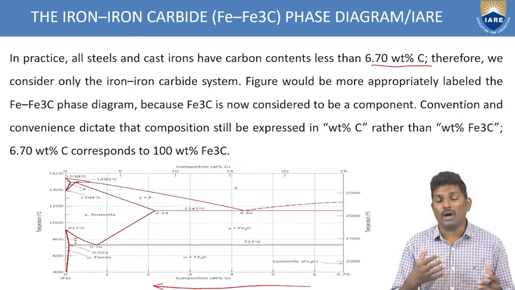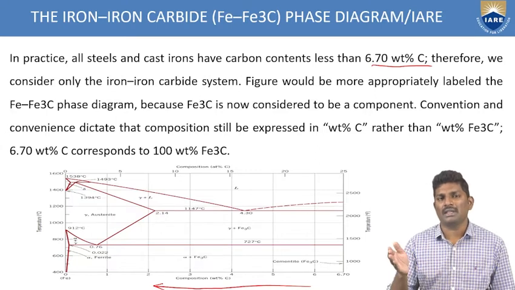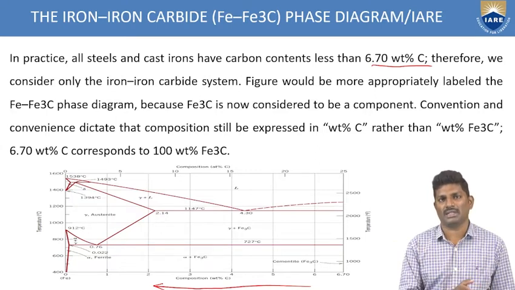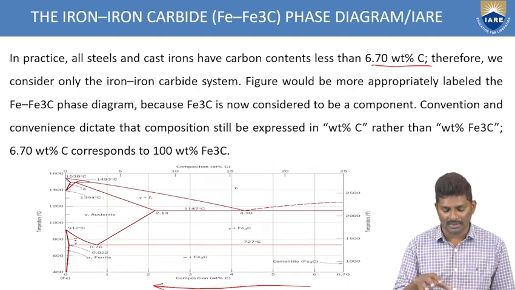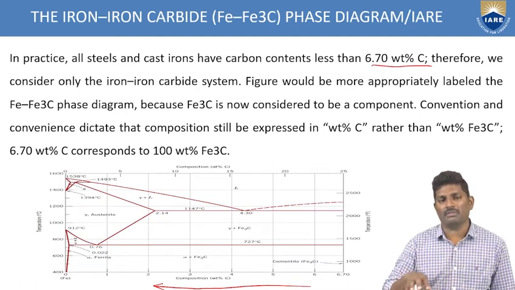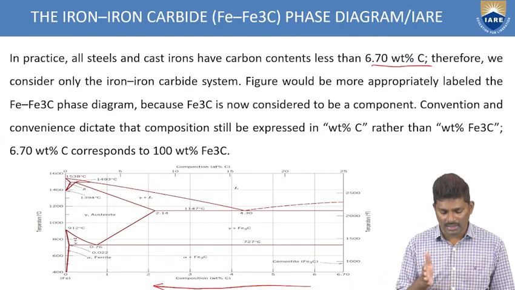The composition weight percentage of carbon is below 6.70%. That's why we are considering the iron carbide diagram at that point only. If you want to know about graphite, we will see that in the next sessions. But up to this point only we are considering, and we have to draw the phase diagram only till 6.70.